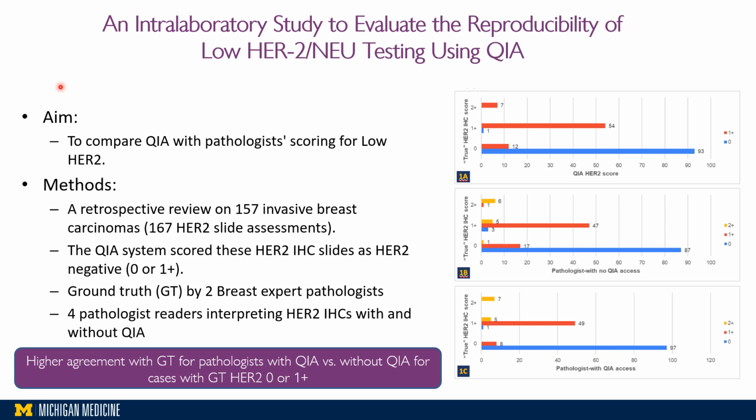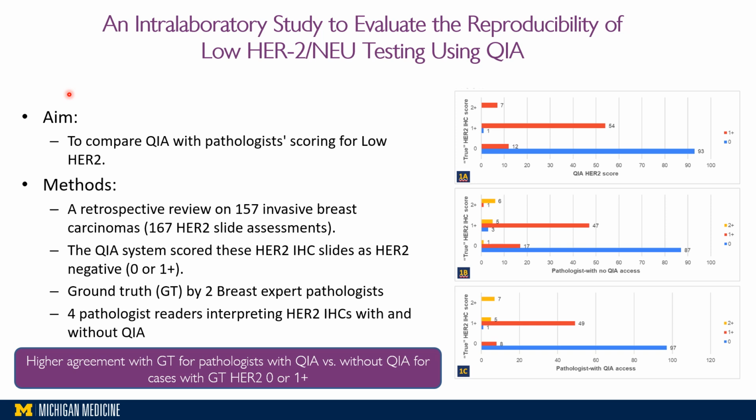review of 157 cases, and these HER2 IHC slides were scored as HER2 negative, either 1+ or 0, by the quantitative image analysis system. And to establish our ground truth, we enlisted the expertise of 2 breast expert pathologists.